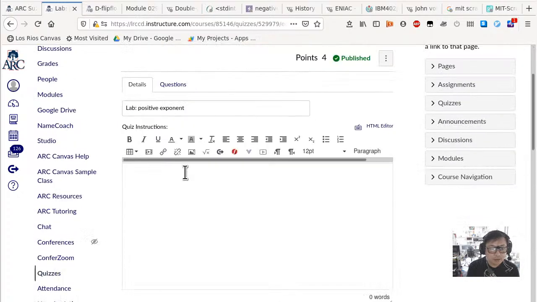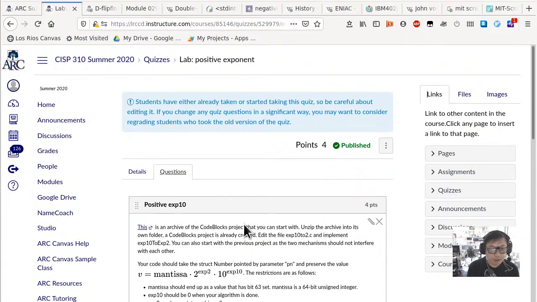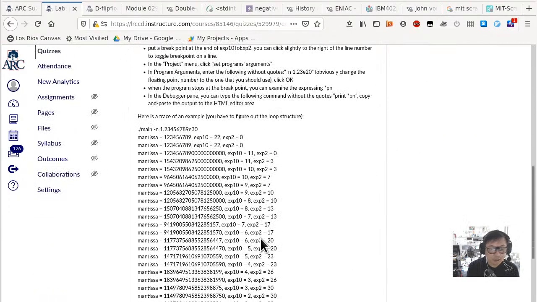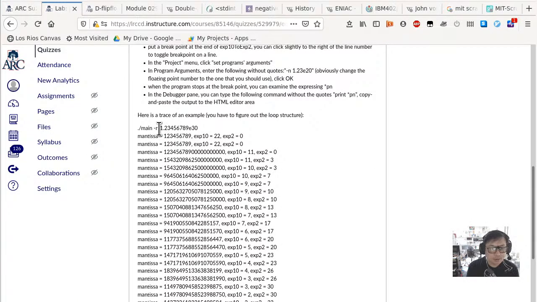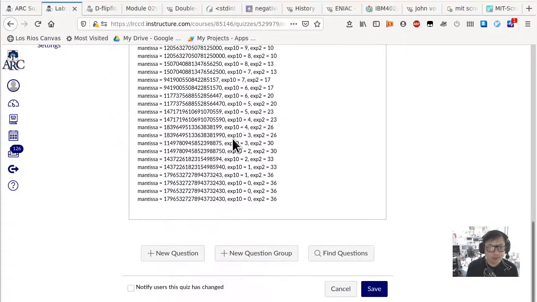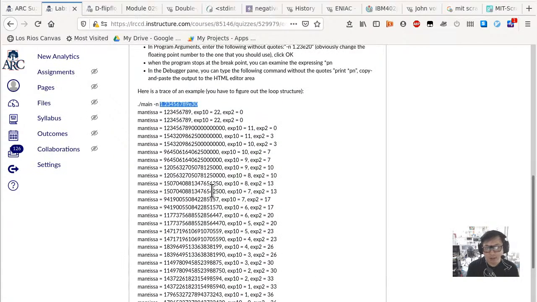I think the question itself gives you an example. This is the one. So use 1.2345678 E30, and this is a partial output of how the mantissa, EXP10 and EXP2 should change over time.